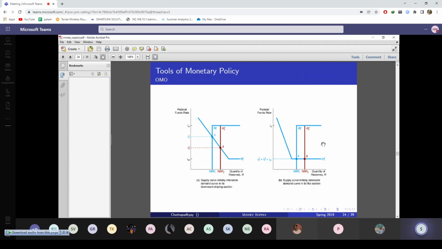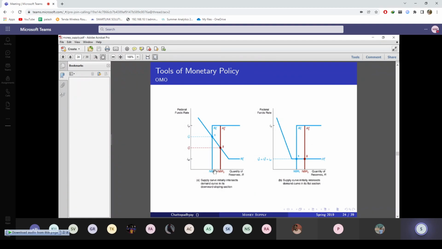Look carefully, compare panel A and panel B, see what is happening. Sir, the interest rate cannot fall further. Explain properly, just as I explained panel A. There was the initial point of interaction. There's the initial blue line, reserve supply, reserves demand, initial equilibrium point 1, market clearing interest rate IFF1, reserves NBR1. Open market operation takes place.